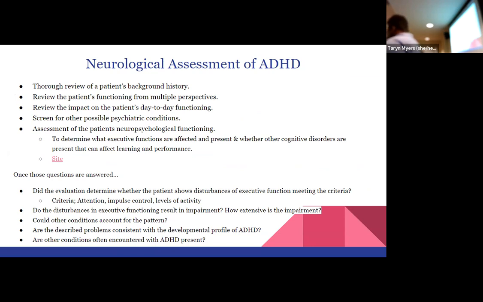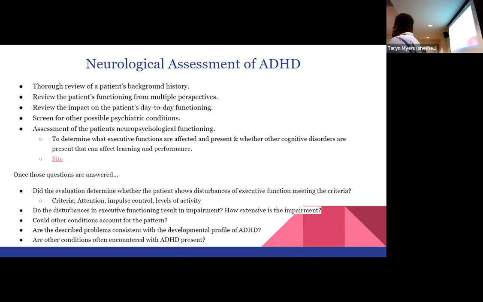They test to see if ADHD criteria are met from the Diagnostic and Statistical Manual of Mental Disorders and the ADHD rating scales, and assess the patient's neurological functioning to determine what executive functions are affected, and whether other cognitive disorders are present that can affect learning and performance.